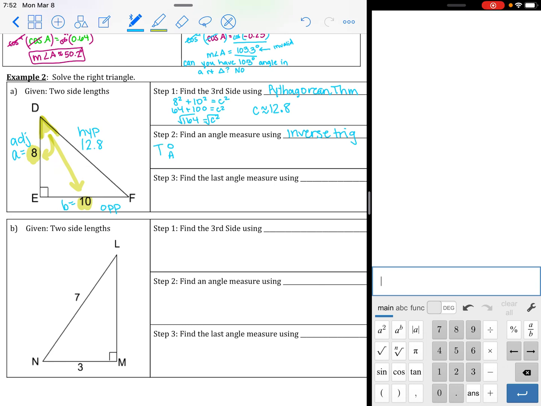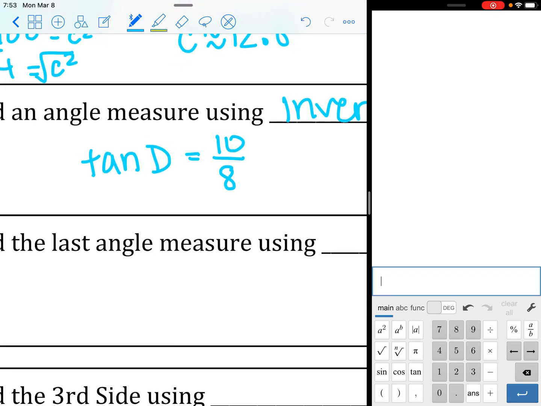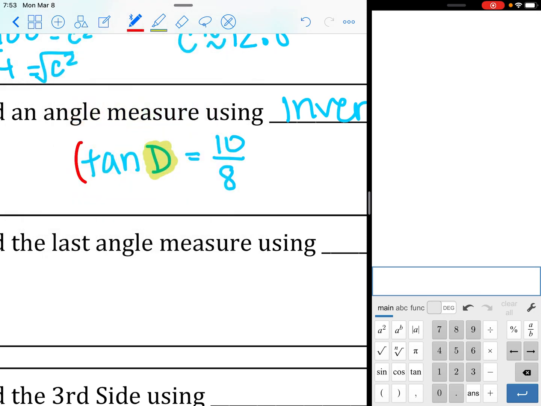So just to set up this thing, I'm going to use the tangent of angle D, and I'm going to set that equal to the ratio. So the opposite is 10 and the adjacent is 8. So here's what this equation looks like before I know what the angle measure is. So what I'm trying to do is solve for this angle measure D. So since this is the tangent function, to get the D by itself, I need to use the inverse tangent.